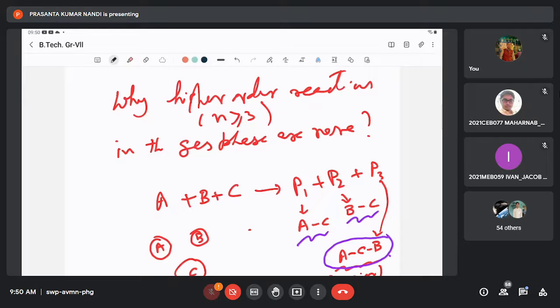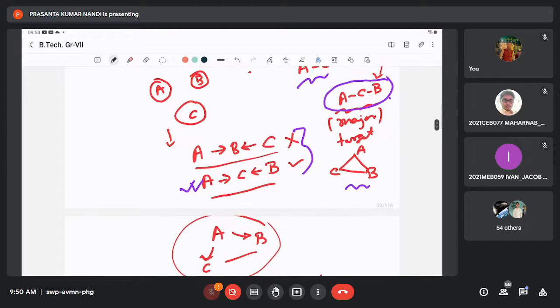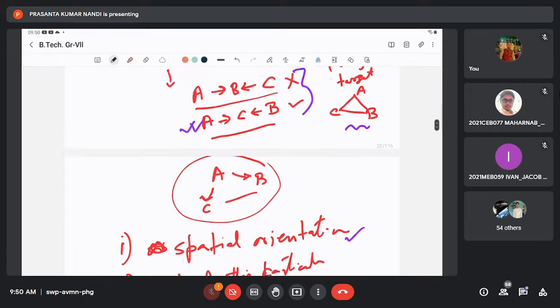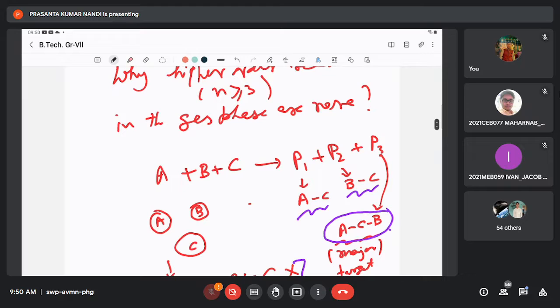In the gas phase, suppose A, B and C, the three reactant species, react to produce three products, P1, P2 and P3, right?